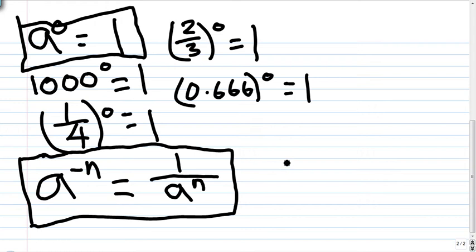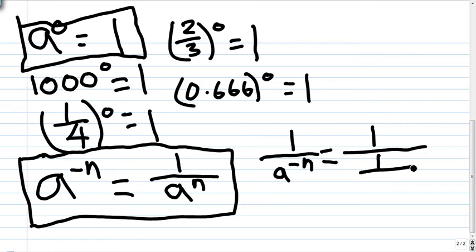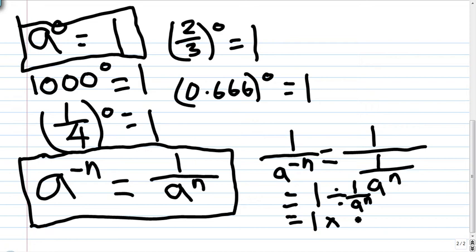Let me give you another scenario. Let's say you have 1 over a to the power of minus n. You can represent this as a to the power of n, because this essentially means 1 divided by 1 over a to the power of n, which equals 1 times a to the power of n.